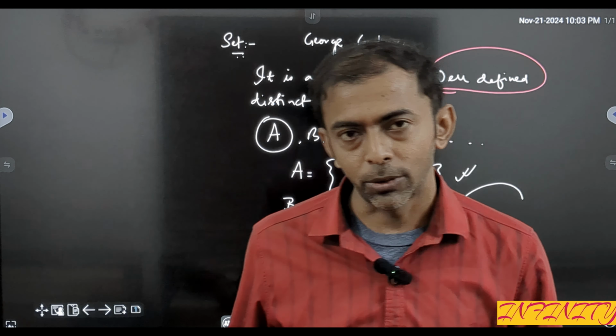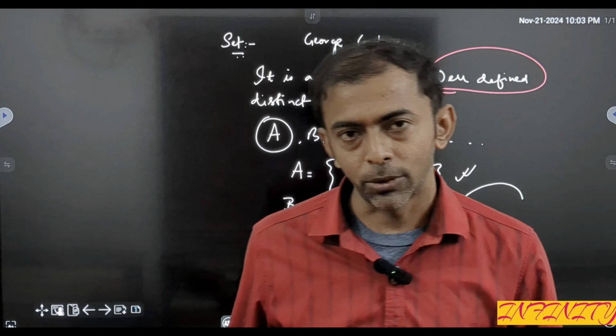Now, what is the roster method? Roster method is where you write, say, A is equal to the collection of English vowels, and you write it this way: A, E, I, O, U. That's our roster method.